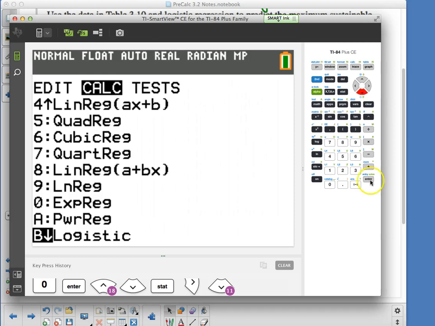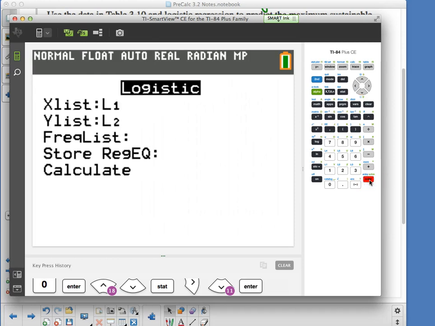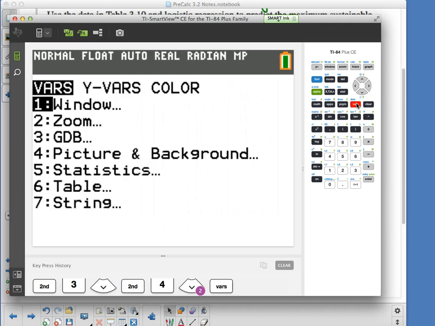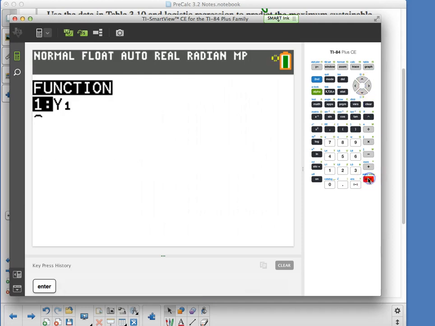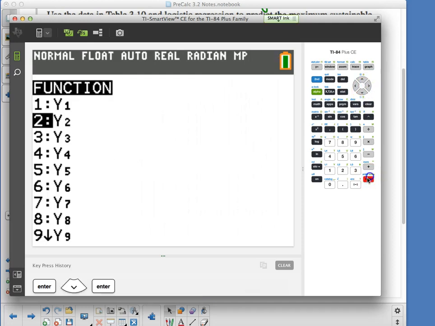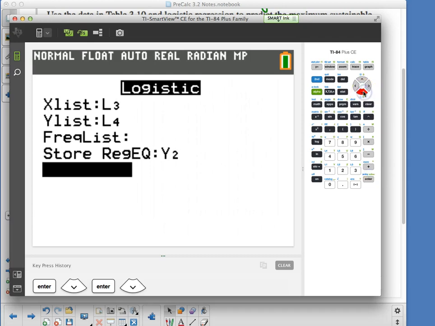So hit enter. And remember, it was an L3, so second L3. L3 is my years, L4 is my population value. Second L4. I want to put it in my store. I'm going to hit vars. I want to put it in Y2. Down 1, Y2. Okay, and I'm going to calculate that. Enter.